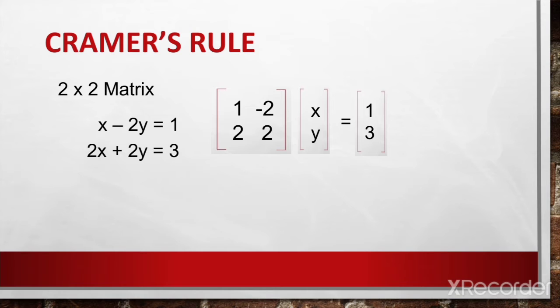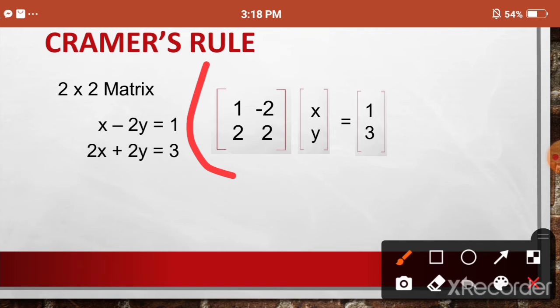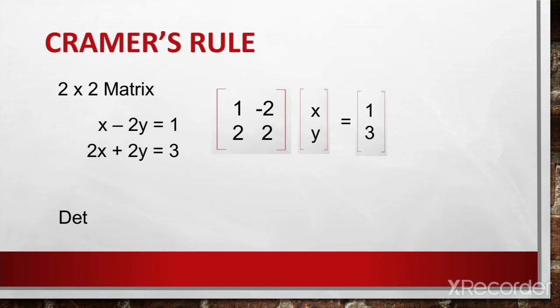The next thing we must do is to find the determinant of the given matrix 1, negative 2, 2, and 2. If you watch my videos about determinants, we know that finding the determinant of a 2 by 2 matrix is simply AD minus BC.